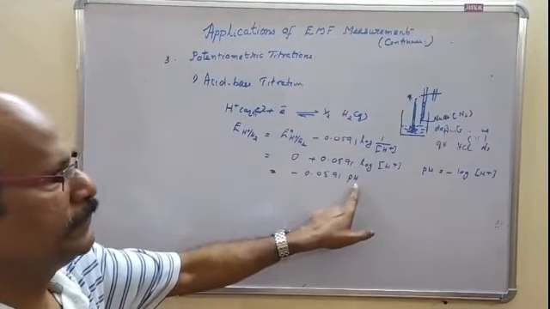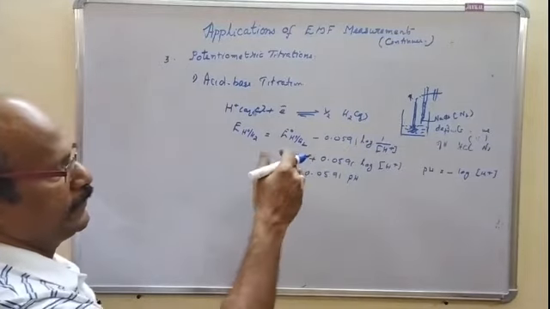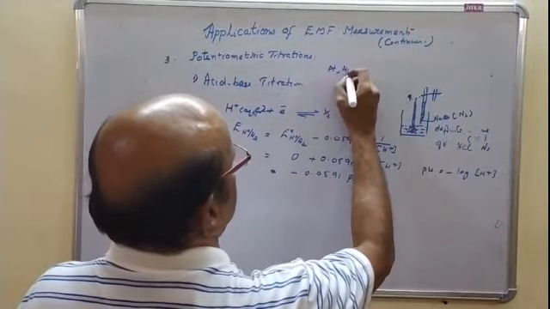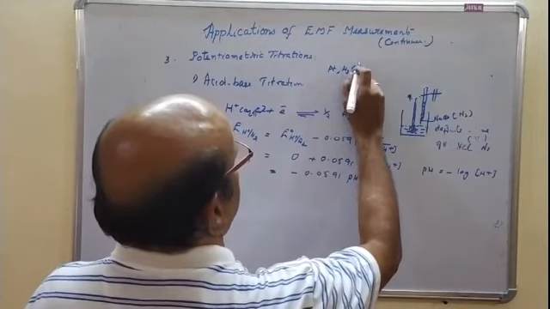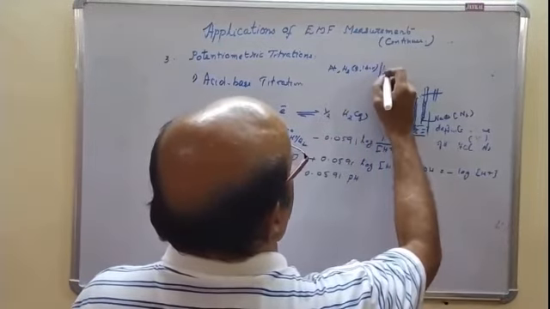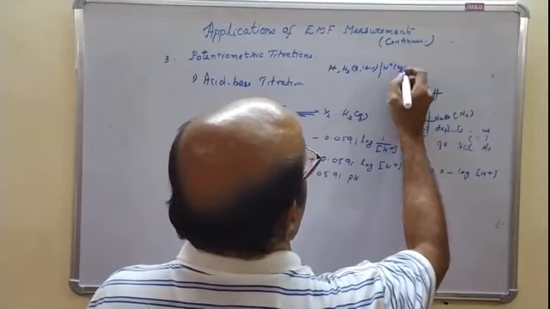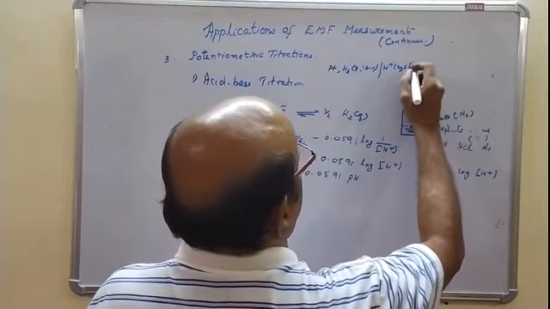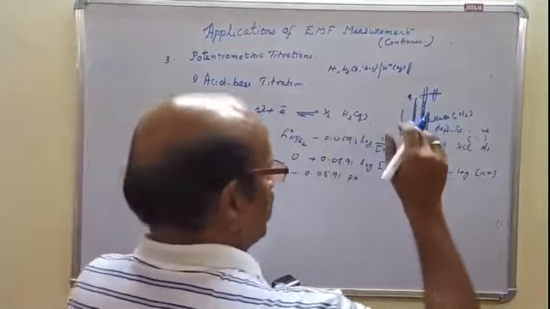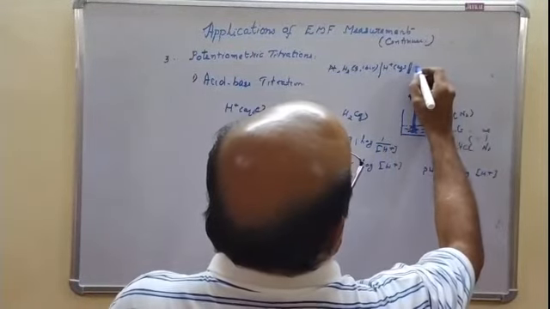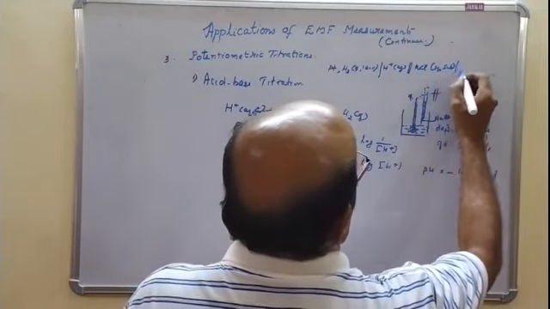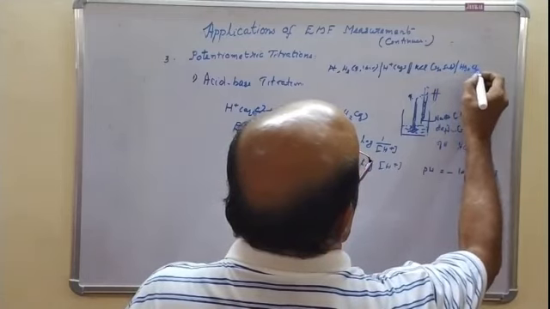Thus, for the hydrogen gas electrode, the potential is proportional to the pH of the solution. This hydrogen gas electrode assembly is then coupled with an SCE like this: platinum, hydrogen gas 1 bar, H plus aqua, double vertical line, connected to a saturated KCl solution, then Hg2Cl2, Hg.